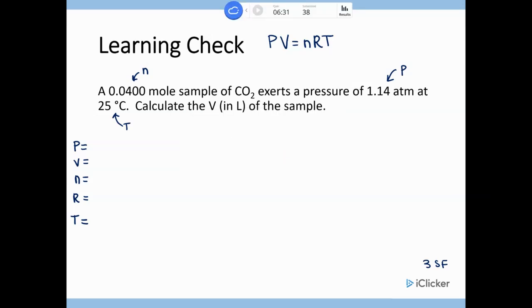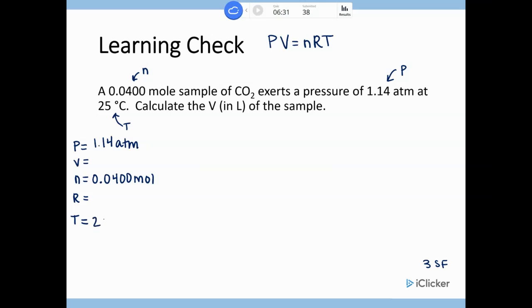All right, we're just reading through the problem statement. We're first given 0.0400 moles. That's our N value. Our P value is 1.14 ATM.